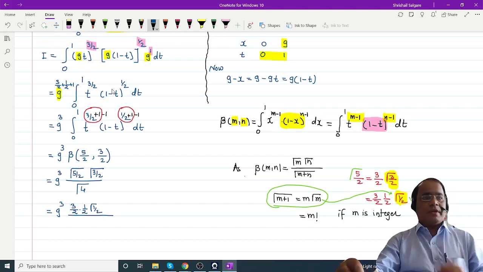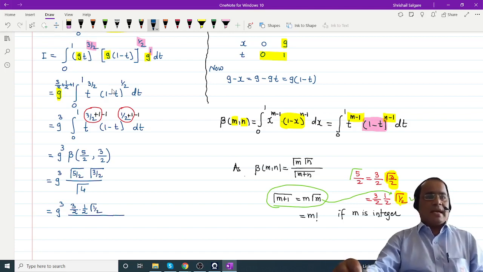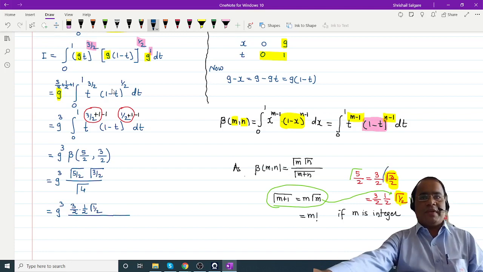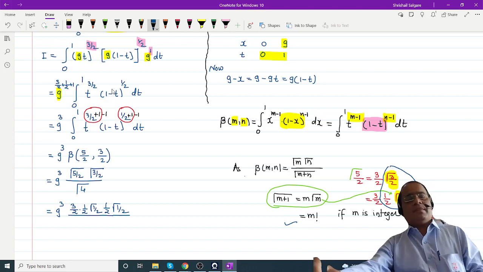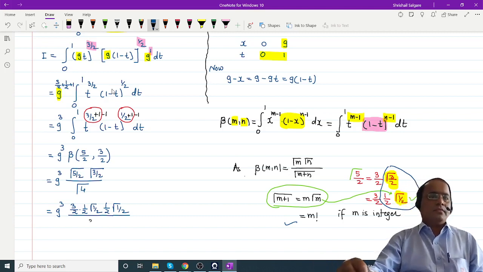I will stop here. In the same manner, gamma 3 by 2 can be written as 1 by 2 gamma of 1 by 2, and gamma 4 by the second property, what will come? It is 3 factorial. Is it right?